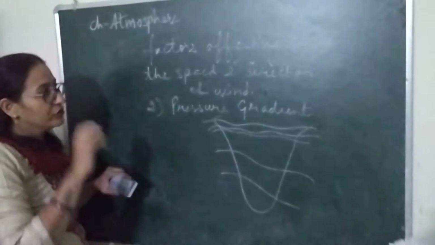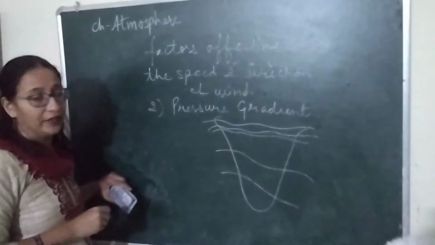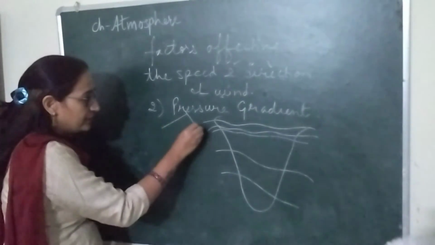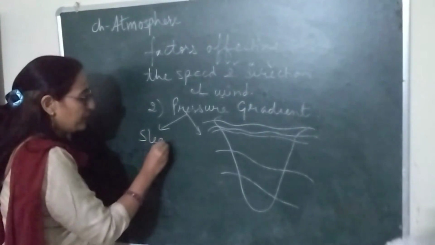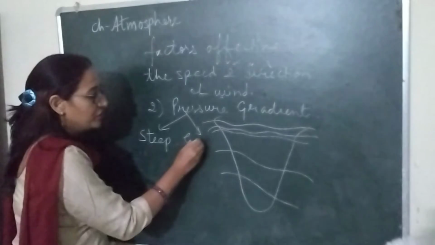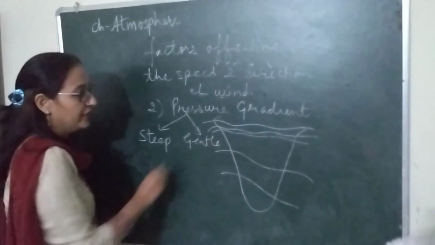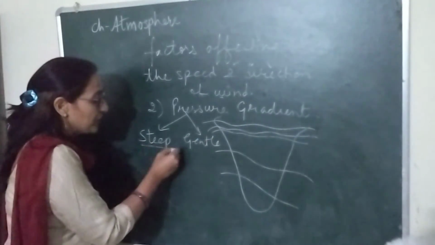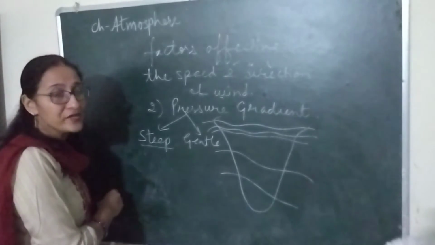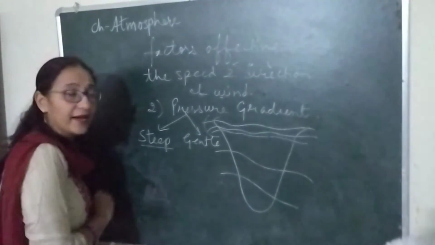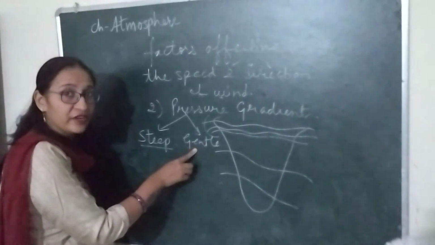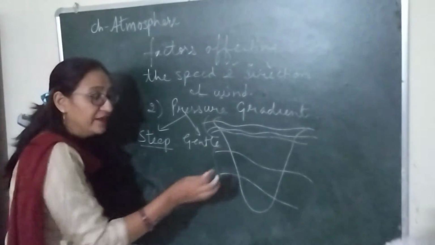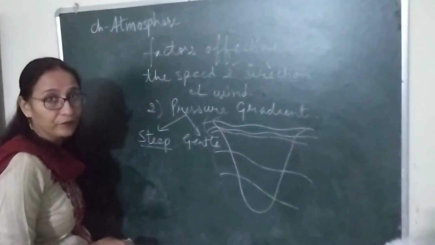Now, how pressure gradient affect the speed of the wind? Now, pressure gradient that will be represented in two ways, that is steep pressure gradient and gentle pressure gradient. Steep pressure gradient will be represented by closely packed isobar, whereas gentle pressure gradient represented with widely apart isobar.